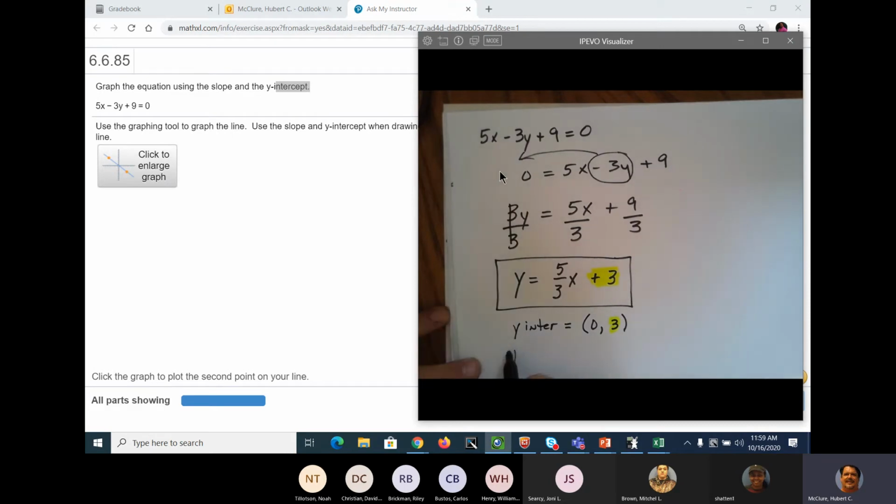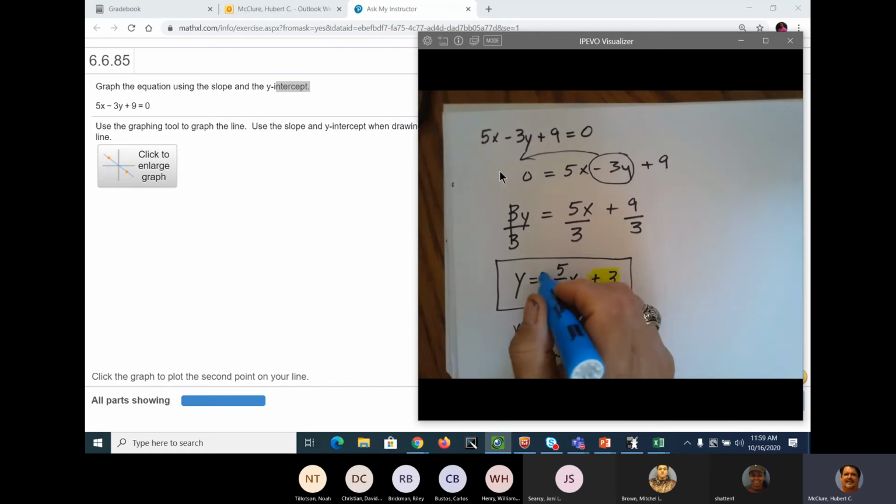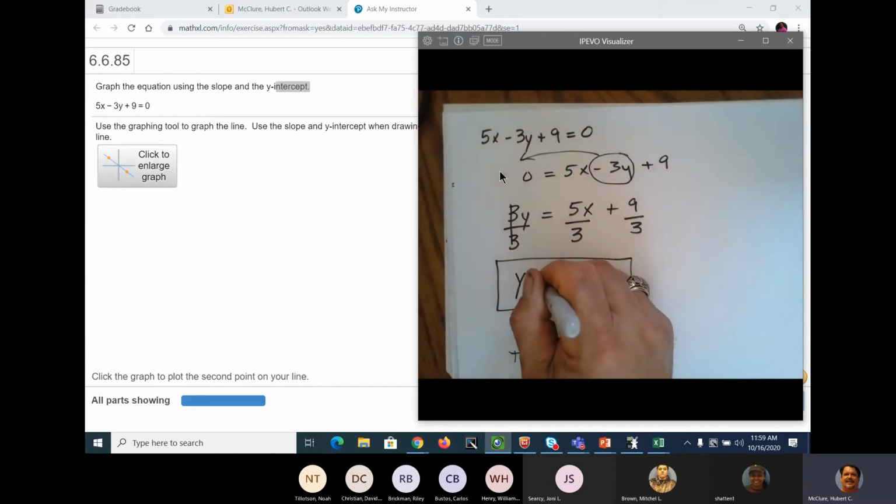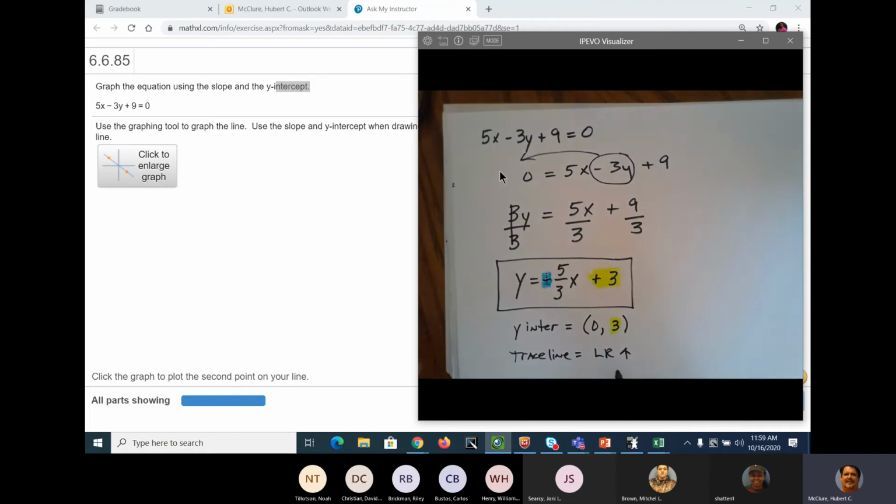My trace line is left to right up. How do I know that? Well, take my blue highlighter. What's the sign of the 5/3? It's not there, so it's assumed to be what? Positive. There's nothing there. It's assumed to be positive, so that means left to right up.